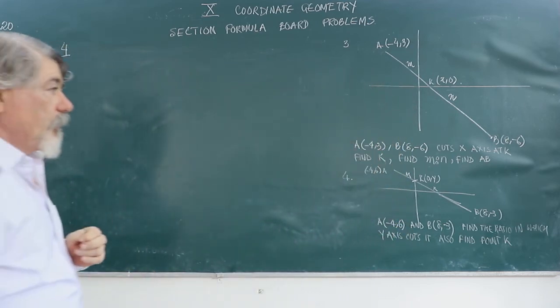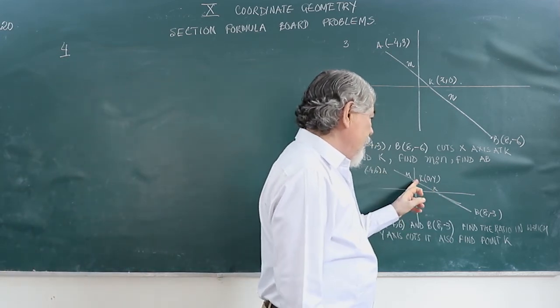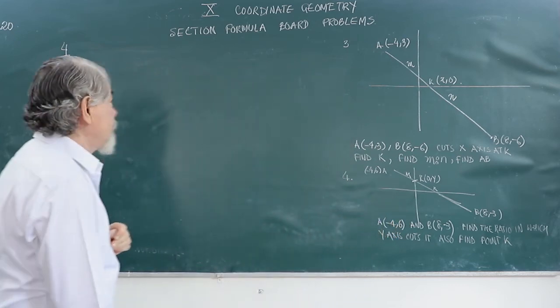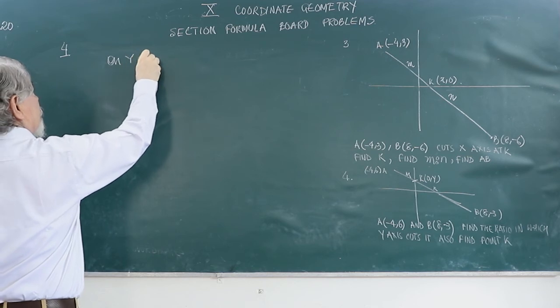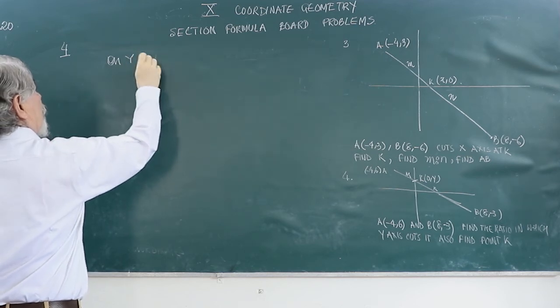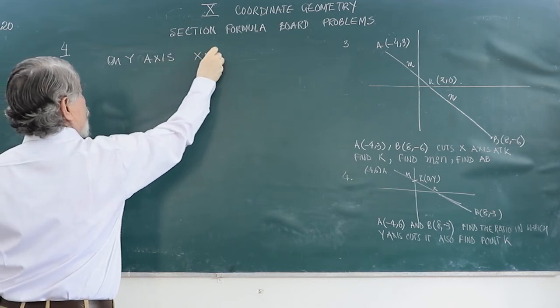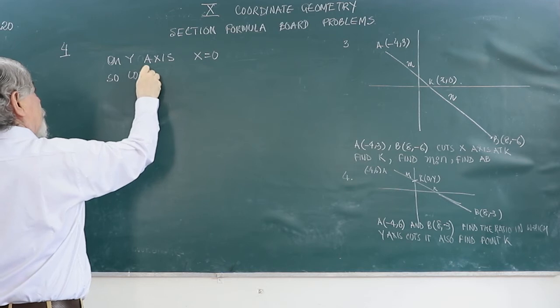Now when the line is cutting the x-axis or y-axis, the coordinates of K will be (0, y), because on the y-axis, x is 0.